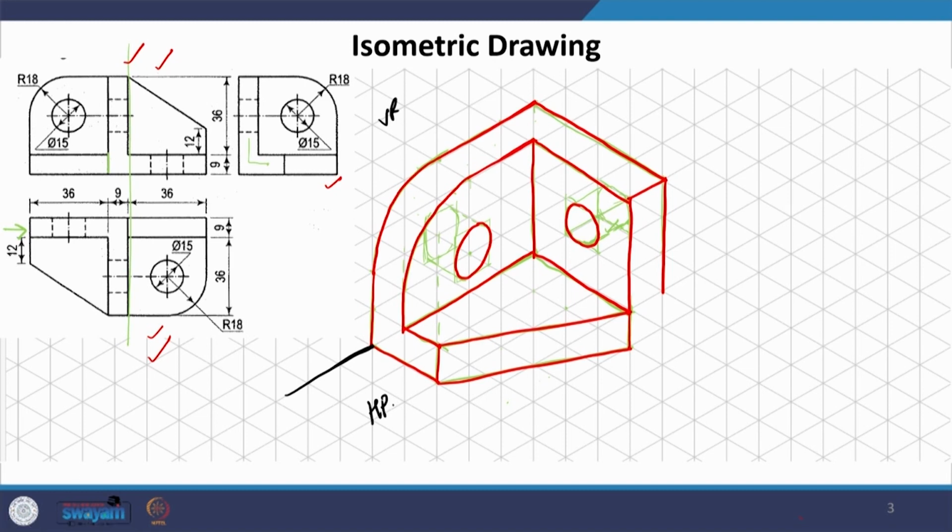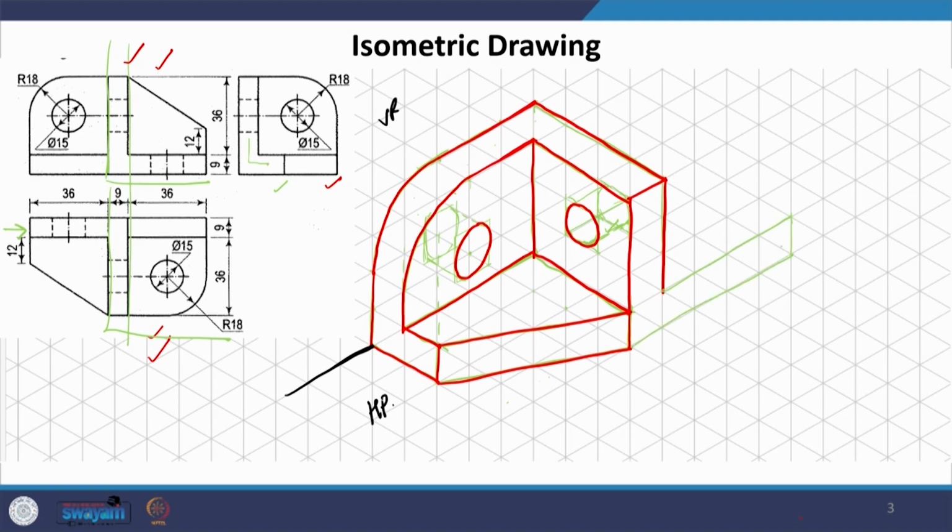Okay. So, now we will look at the rest of the object. Now, look at this. What we have here is that in elevation this line is continuing. So, now I am going to draw this part. We do not have much visible from the side elevation, so we will start by drawing the object that we have at hand.